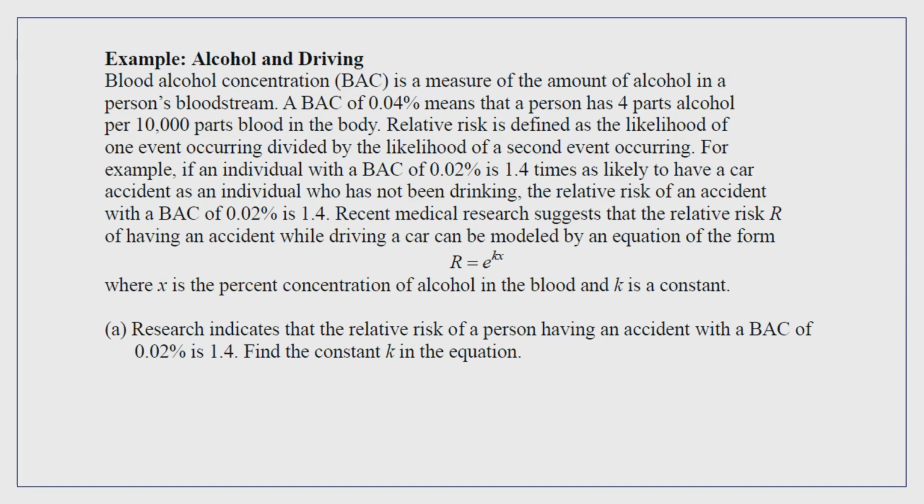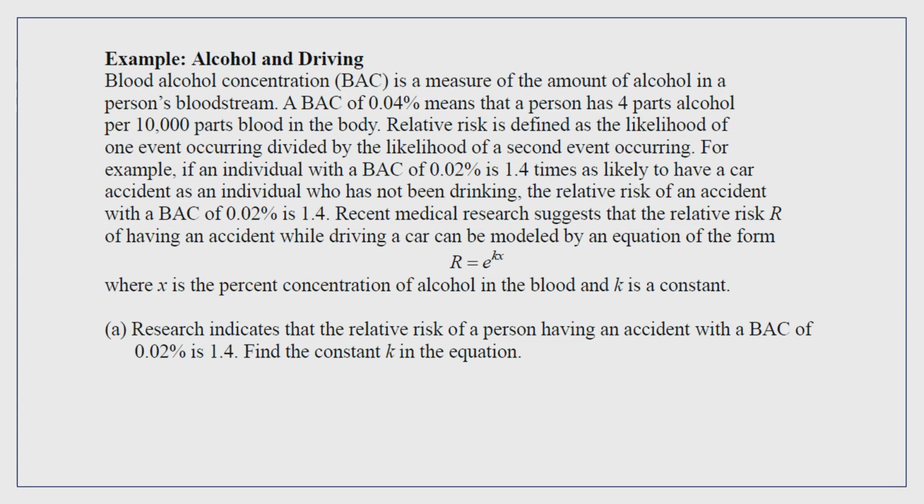Relative risk is defined as the likelihood of one event occurring divided by the likelihood of a second event occurring. For example, if an individual with a BAC of 0.02% is 1.4 times as likely to have a car accident as an individual who has not been drinking, the relative risk of an accident with a BAC of 0.02% is 1.4.